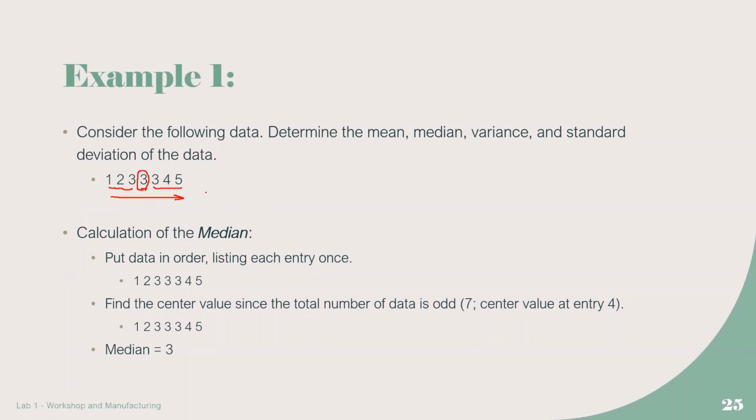If it was even, let me erase this one and give you another example. Let's say you had 7 on the left. So you now have a total of 8 measurements, which is even. Then you have 4 on the left and 4 on the right.